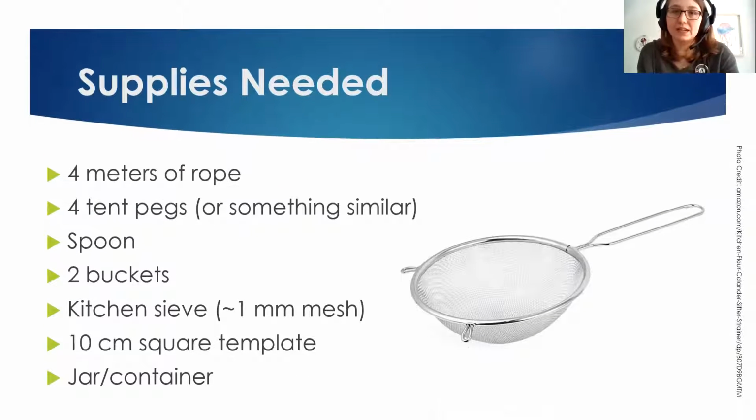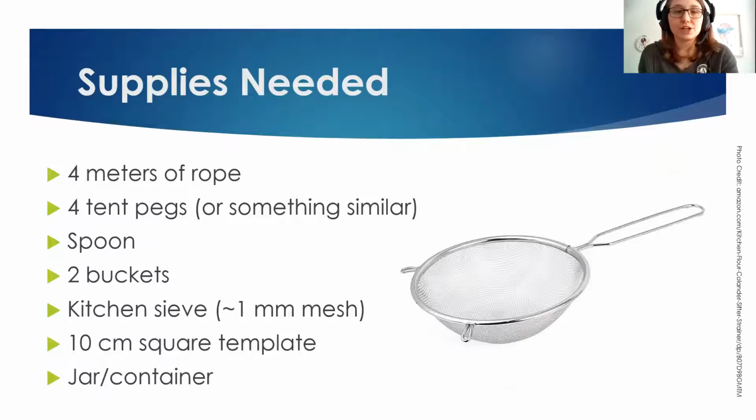So, supplies needed. One thing about community science projects is that the aim is to keep it inexpensive and accessible to people. So a lot of times the supplies you need can be substituted with other things, and a lot of the supplies might be things you already have in your house.